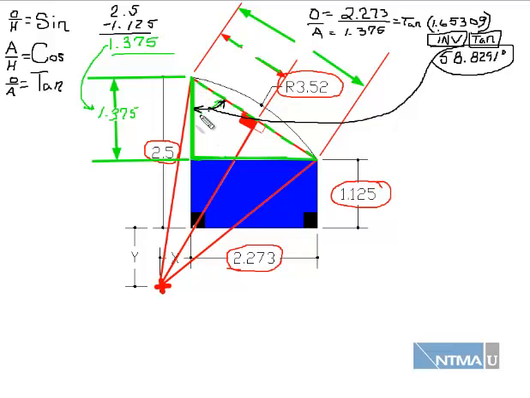Okay? So we know that we've got 58.8291 decimal degrees. And we know that we've got a distance here of 1.375, and we have a distance here of 2.273. I'm looking for the hypotenuse, okay? The one on the top is the one you're looking for, the one on the bottom is the one you have.